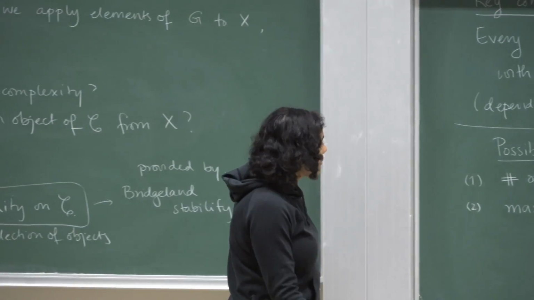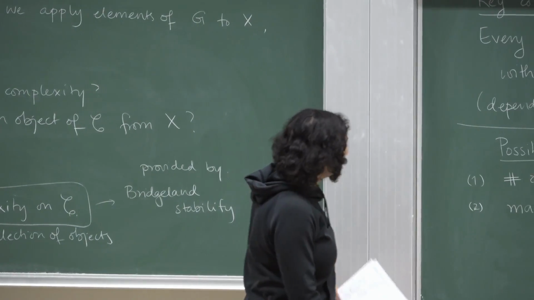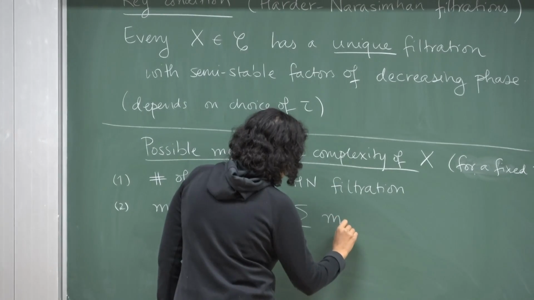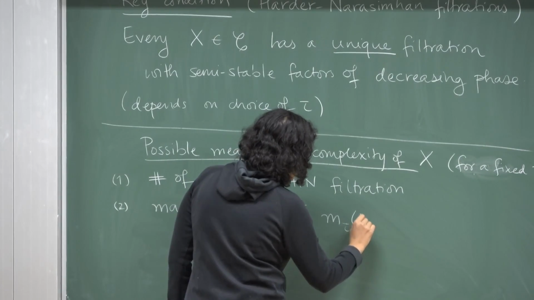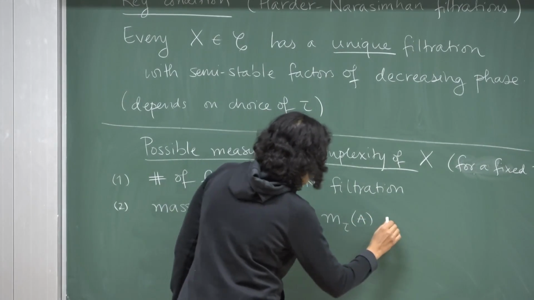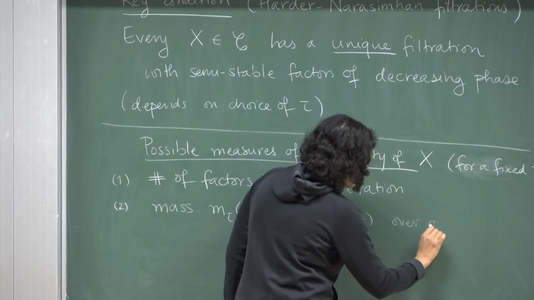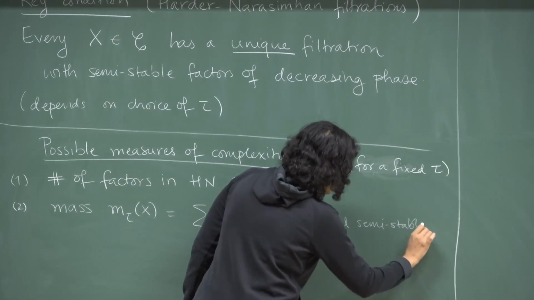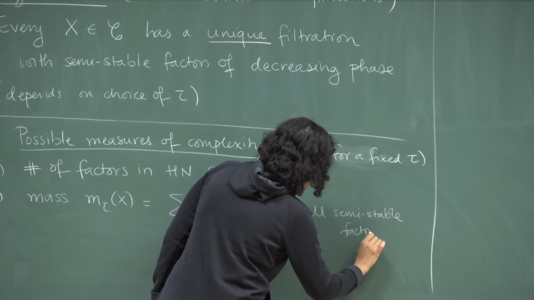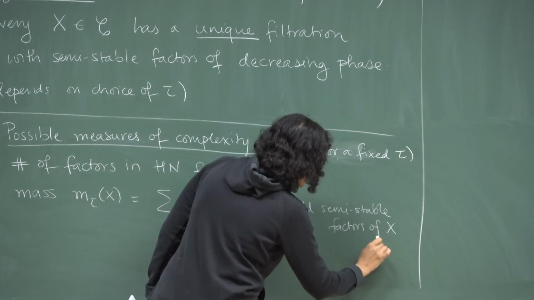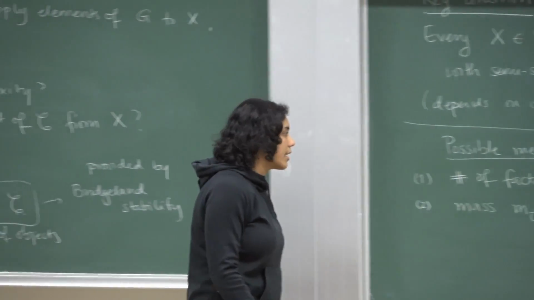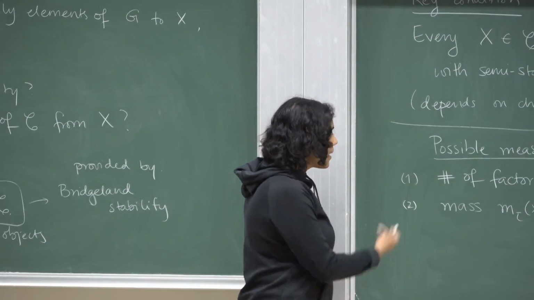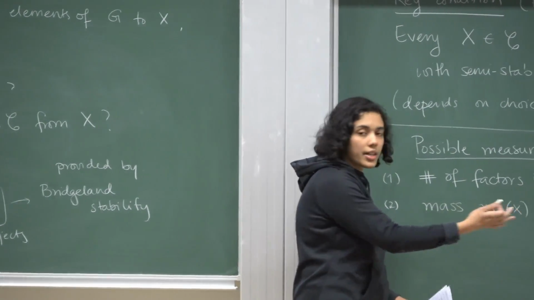A priori, I haven't told you what it is for objects that aren't semi-stable, but you can guess you can write it as the sum of all the masses of the semi-stable factors. So this is maybe slightly more refined than just counting the number of factors because it gives you a real number. And then you can start studying how this changes as you change the stability condition.